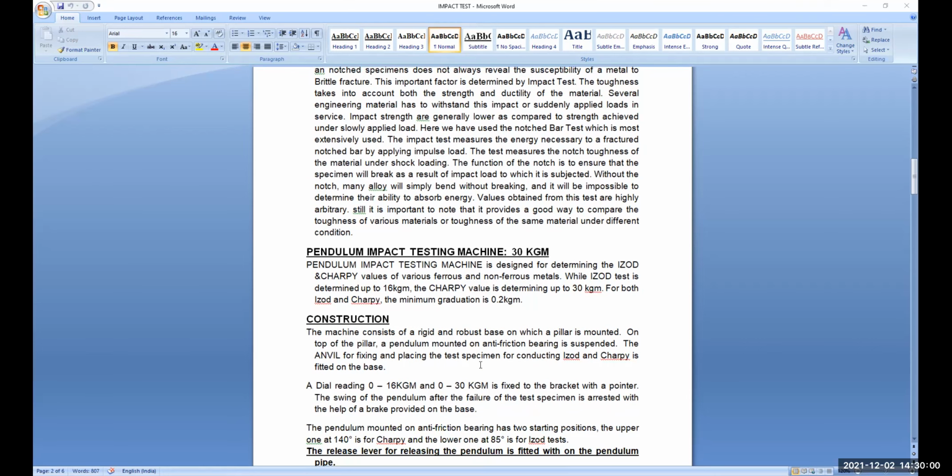What is the construction? The machine has a rigid, robust base over which a pillar is mounted. On top of the pillar, a pendulum is mounted on anti-friction bearings. It is suspended. The anvil for fixing and placing the test specimen for conducting Izod and Charpy is fitted on the base.